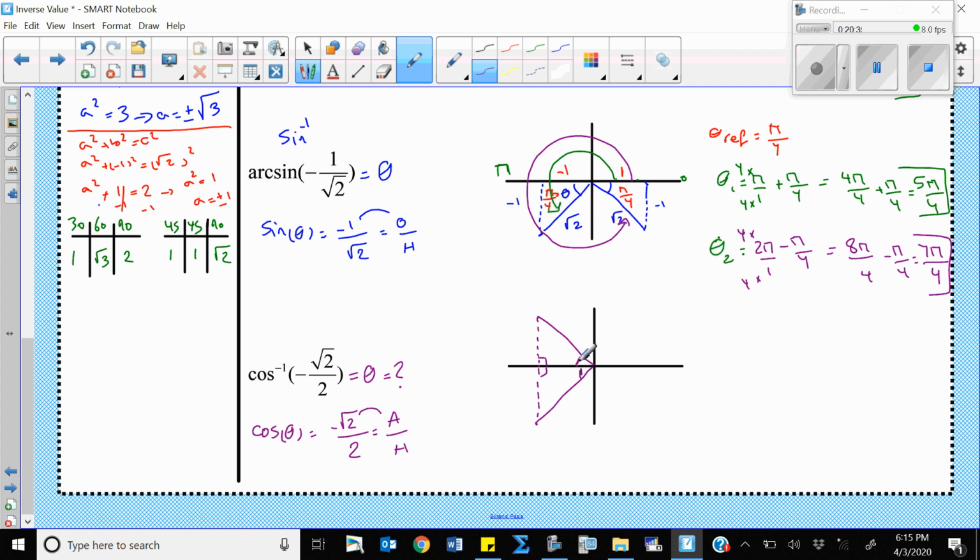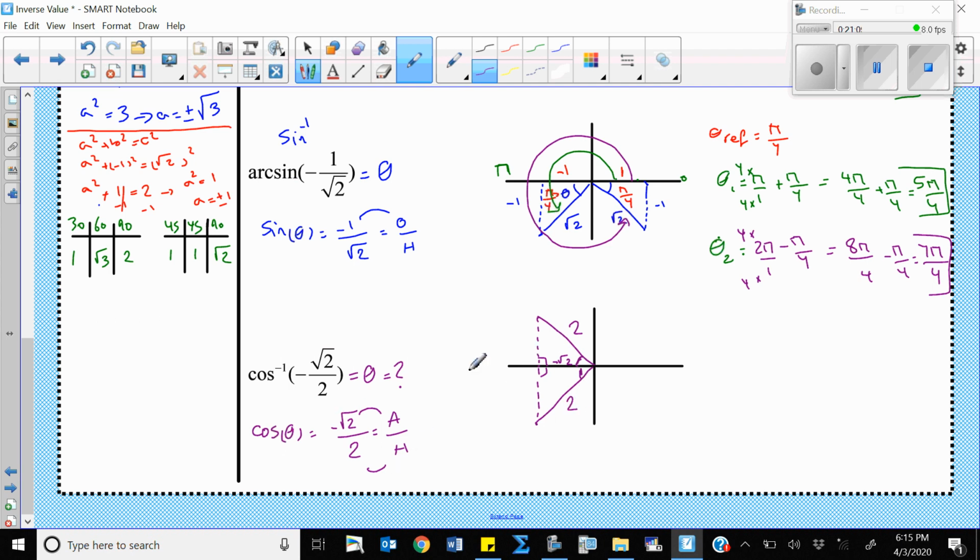The adjacent side of this angle on this triangle is negative radical 2, and the hypotenuse is 2. Once again, we know that the hypotenuse is always positive. That's why we didn't put the negative for 2. We kept it for radical 2. And the same is for this angle. The adjacent side is negative radical 2 and the hypotenuse is 2.